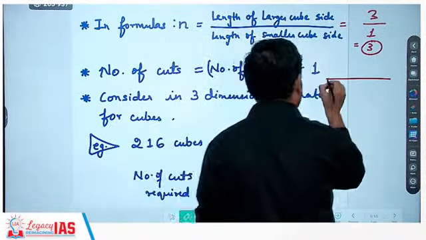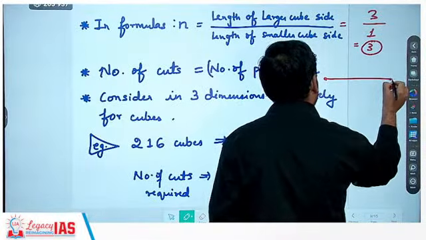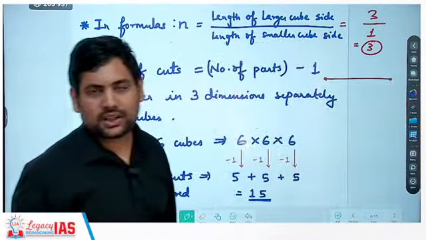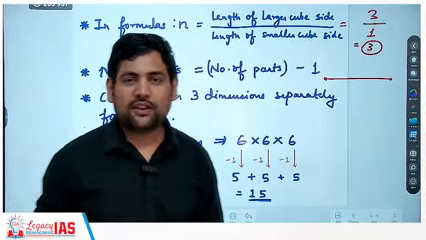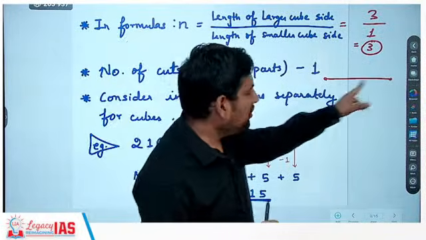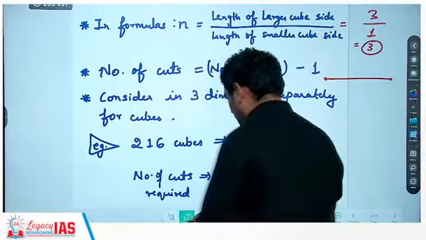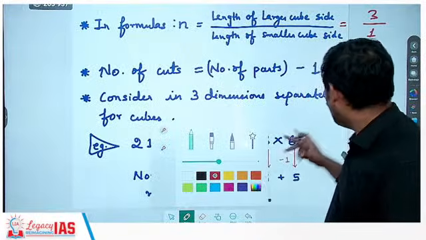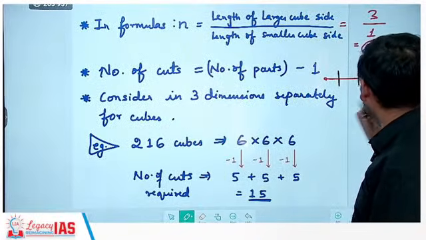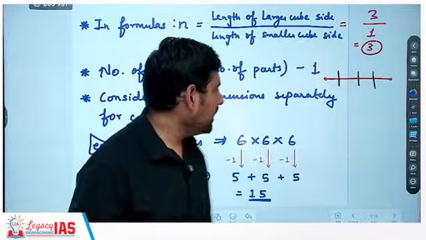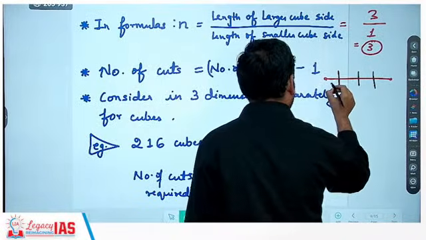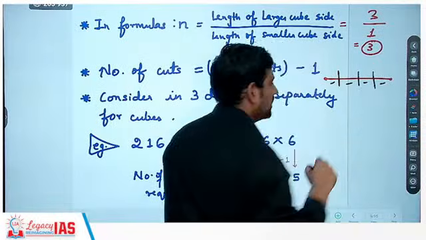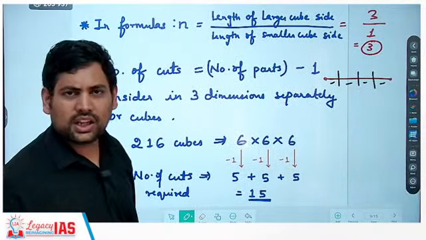How many cuts will you have to make if you have scissors? You'll have to make 1, 2, 3 cuts. Can you see it getting divided into four parts? Yes, 1, 2, 3, 4 parts. How many cuts did you make? Only 3 cuts.